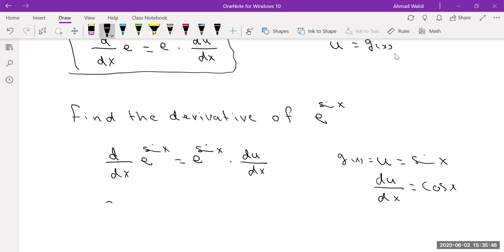It means d over dx of e to the sine x equals e to the sine x times cosine x. Correct? That's the explanation when e is to the power of a function: take the derivative of e to the u, times the derivative of the function. Chain rule. Correct?